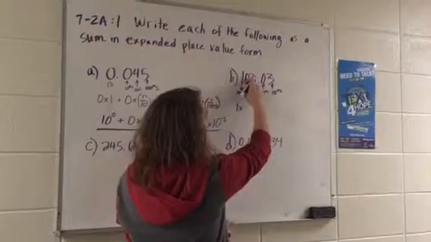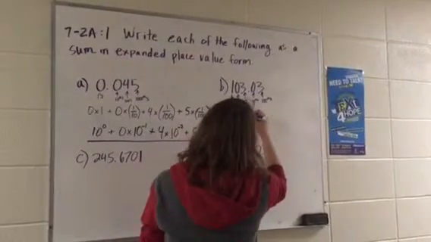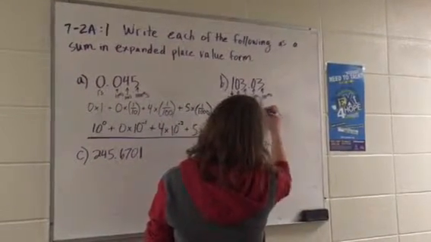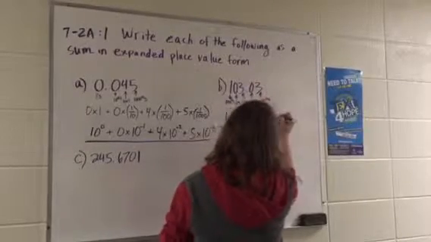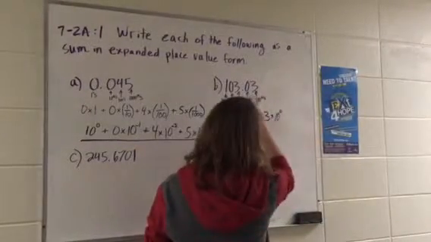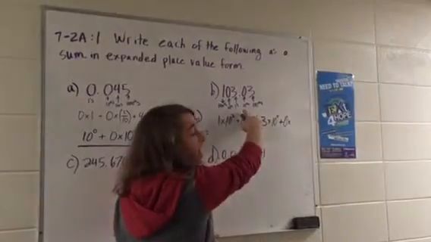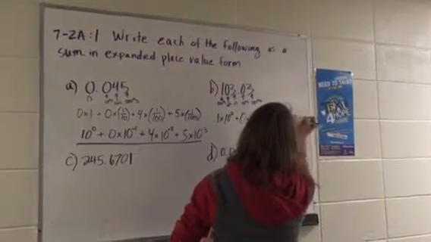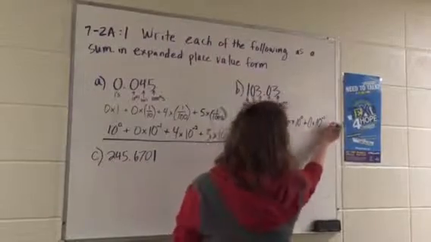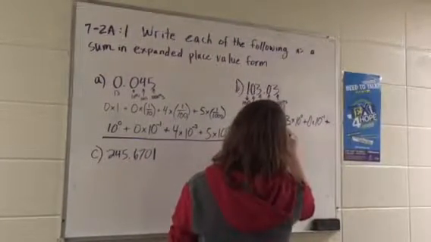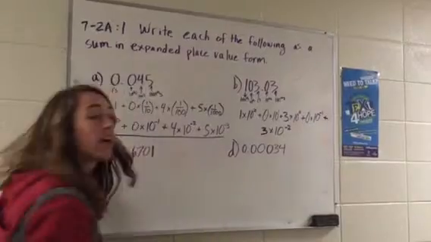That means this 0 is going to be 10 to the first power, and that means our 1 is going to be 10 to the second power, plus 0 times 10 to the first power, plus 3, that's our value right there, times 10 to the 0th power, because it's in that ones place, plus 0 times, now we're getting into the tenths, so we're going to do 10 to the negative 1, that negative exponent, and then lastly we have the 3, so we're plus 3 times 10 to the negative second, because we're in the hundredths place. We're going to move on to C.